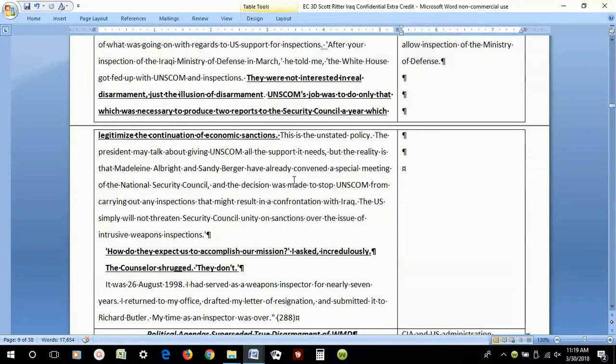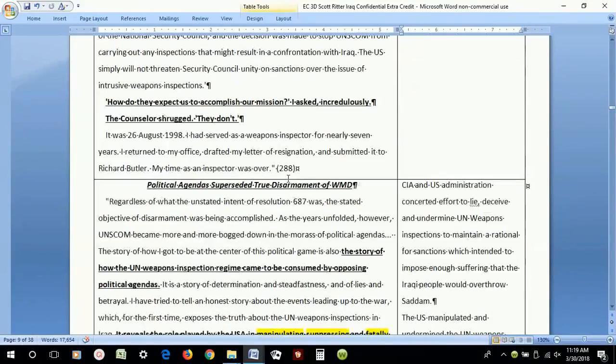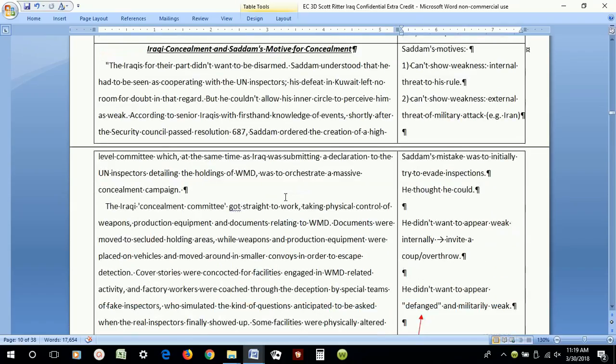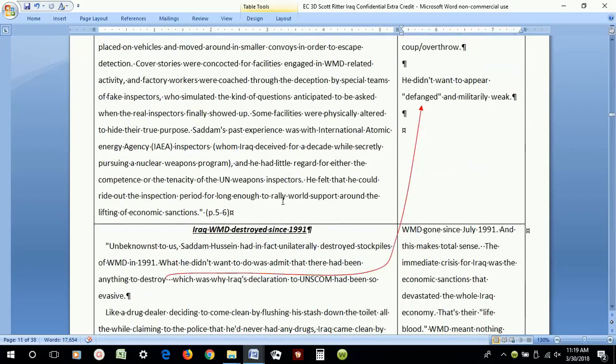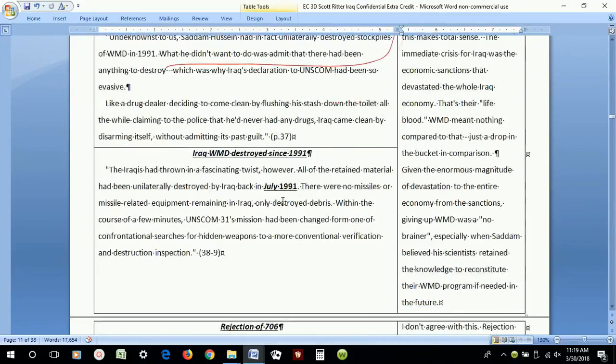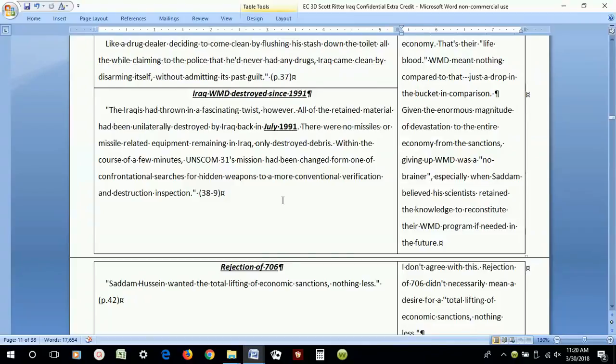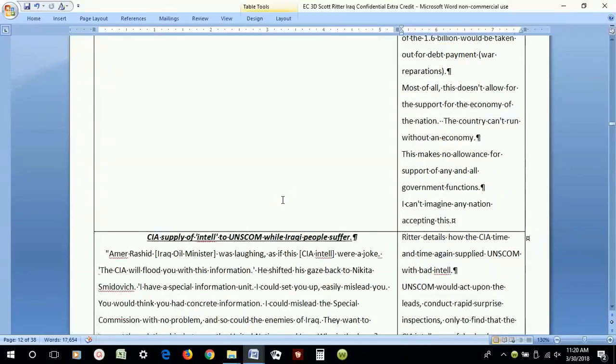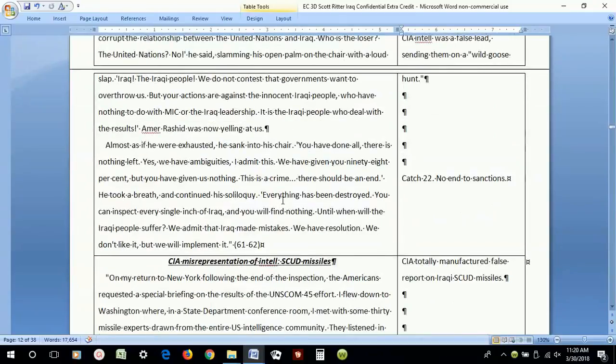Oh, there's quite a bit to this. All right, so here's lies about Scud missiles.